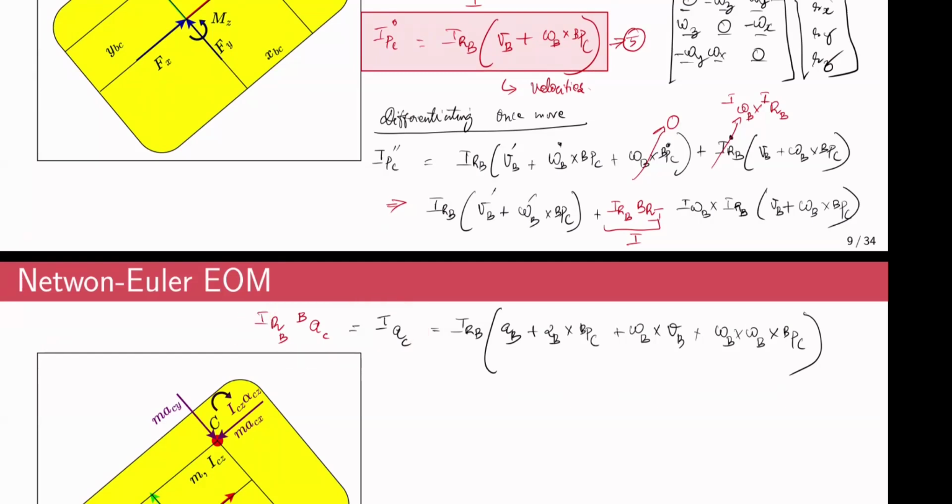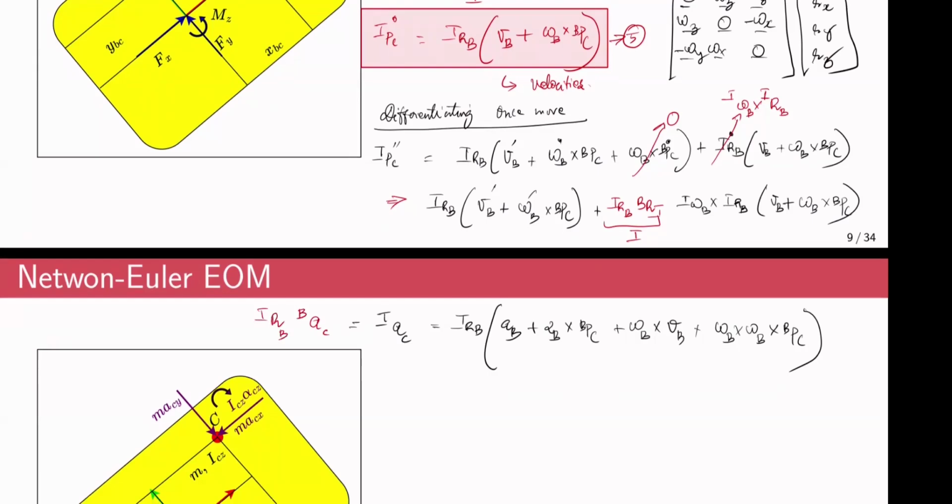So what happens is that this IRB and this IRB get cancelled. So at the end, we'll get the expression of the acceleration of the point C with respect to the body frame as AB plus alpha B cross BPC plus omega B cross VB plus omega B cross omega B cross BPC.